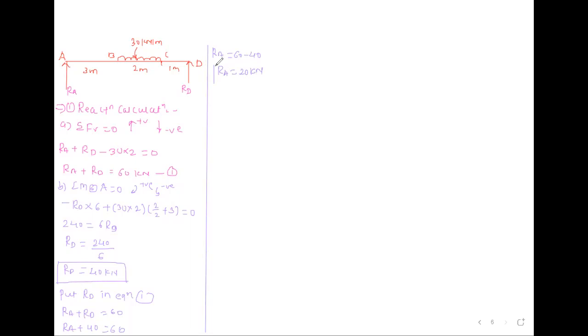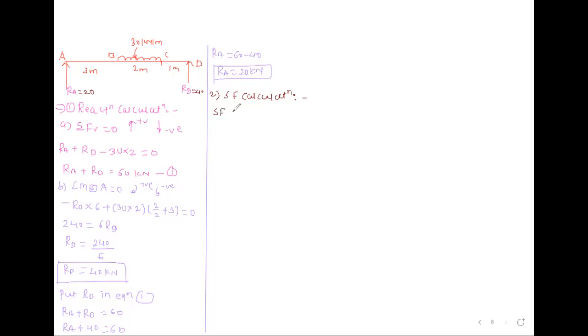We will calculate shear force. Second step is related to shear force calculation. SF calculations. So RA is 20 and RD is 40. Okay, so now you tell me shear force at A, we will write directly.